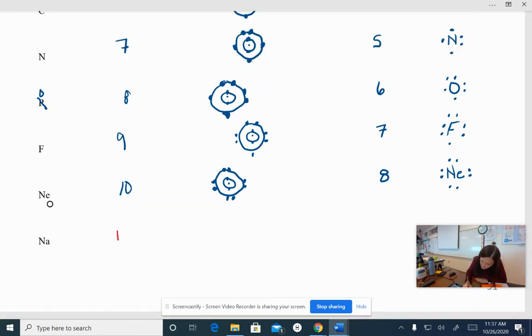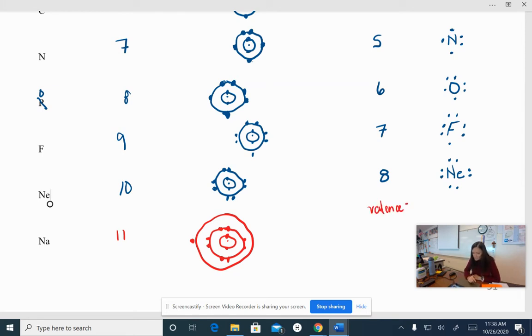So sodium, I've got 11 total electrons. I've got 3 energy levels. I've got 2 electrons on my first. I've got 8 on my second energy level: 1, 2, 3, 4, 5, 6, 7, 8. And then on my 3rd energy level, I just have 1 electron. So remember my valence shell, this is my valence shell.